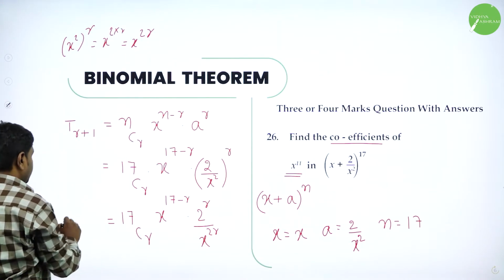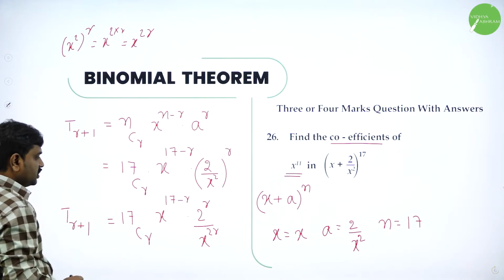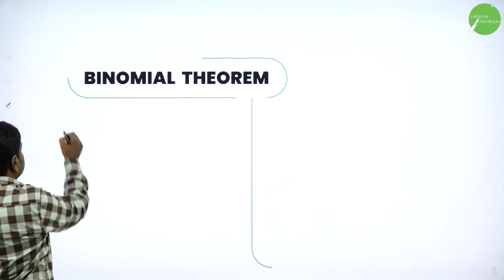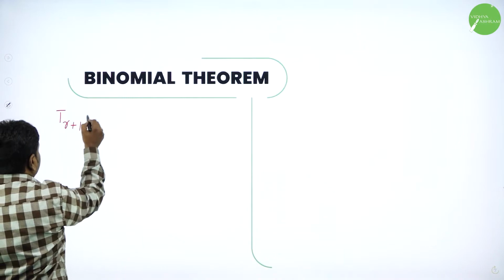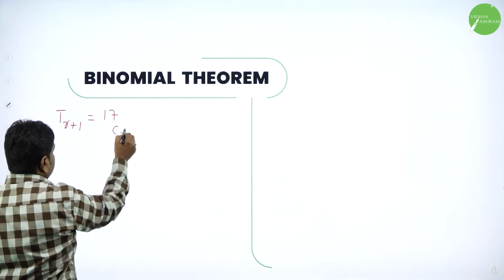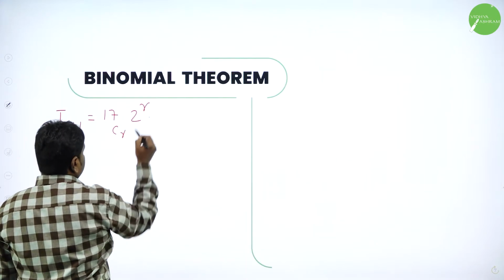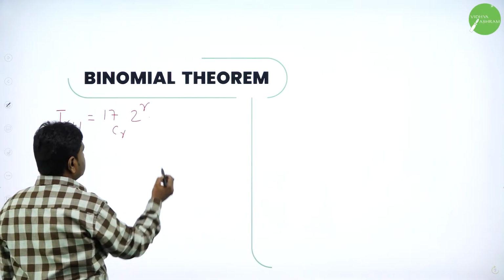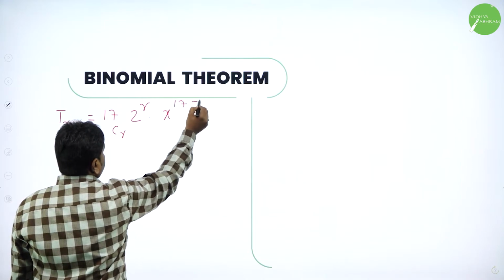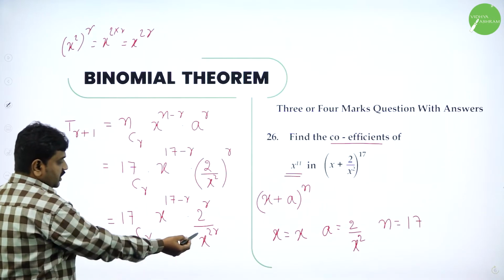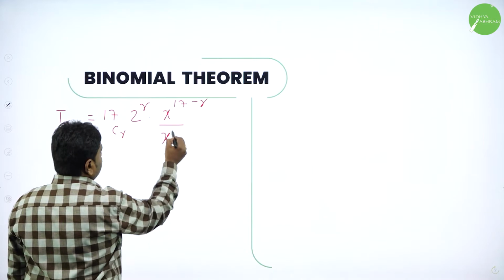Now we have T(r+1). Rearrange this. So T(r+1) is equal to 17Cr, and I'll take 2 power r in the beginning, and group the x terms, x power (17 minus r) divided by x power 2r.